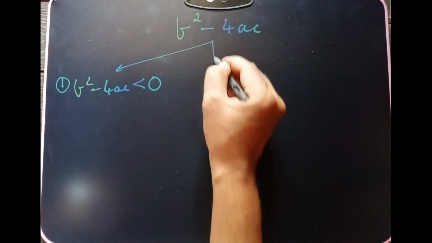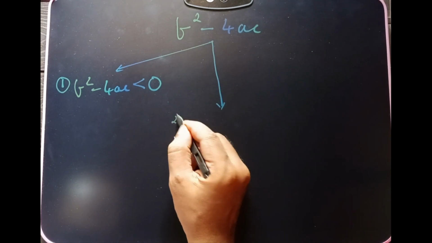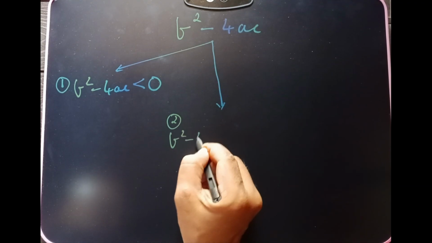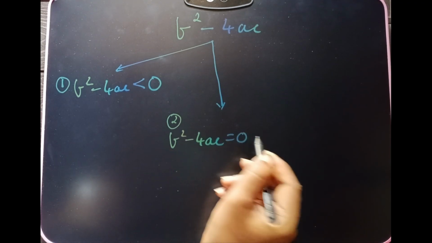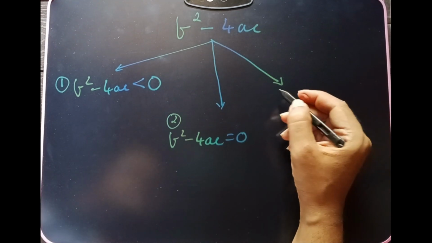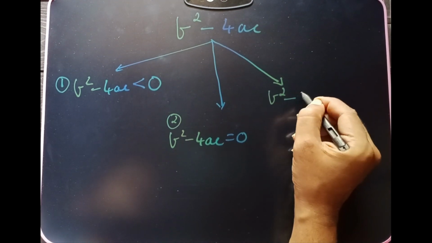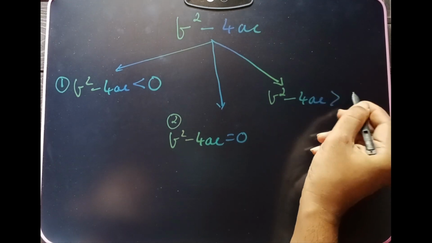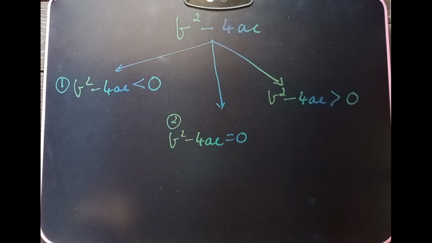The second possibility is that b square minus 4ac is equal to 0, and the third possibility is that b square minus 4ac is greater than 0. These are the three possibilities.